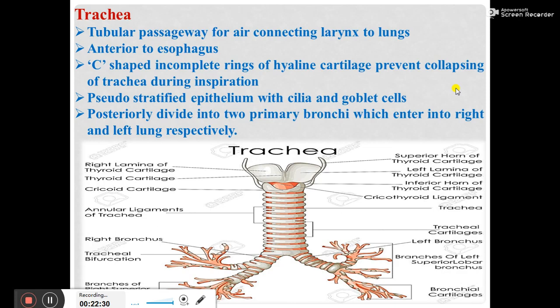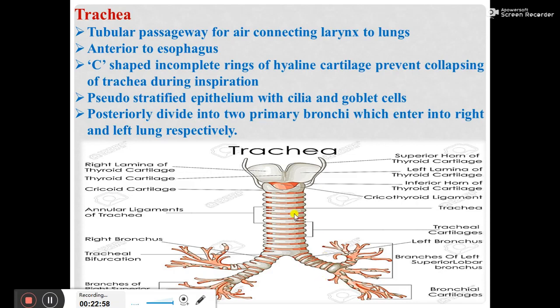Next part is trachea. What is a trachea? You can see here very well a diagram of the trachea. The trachea is a tubular passageway for air connecting larynx to lungs. From the larynx, posteriorly, comes the trachea, and this trachea further branches out and enters into the lungs.